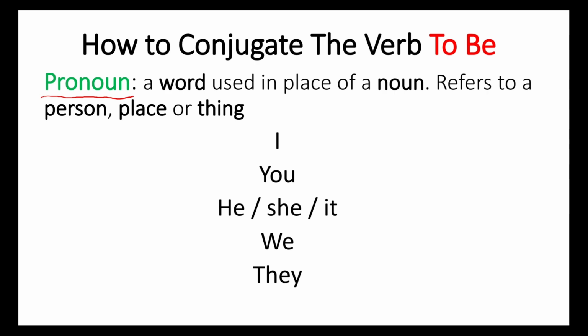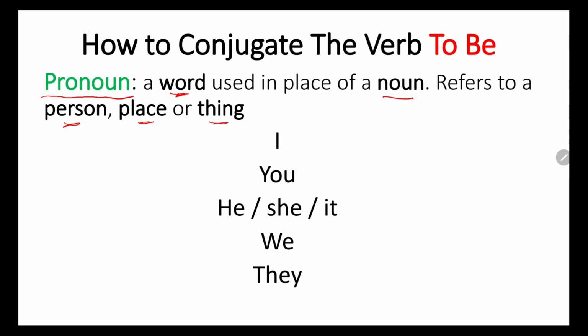Now, what is a pronoun? A pronoun is a word that is used in the place of a noun, and this word can refer to a person, a place, or a thing.